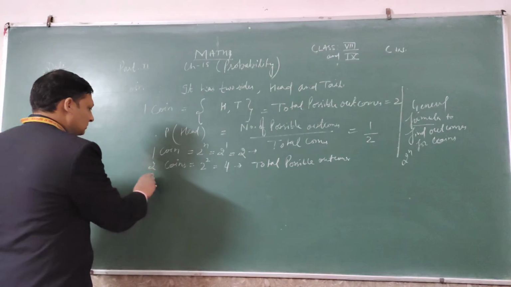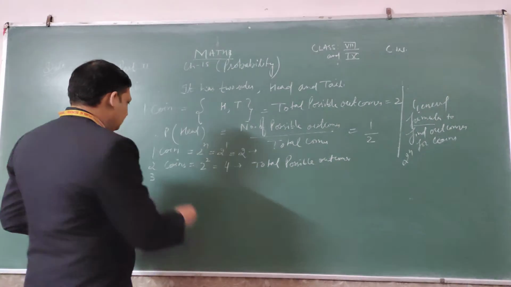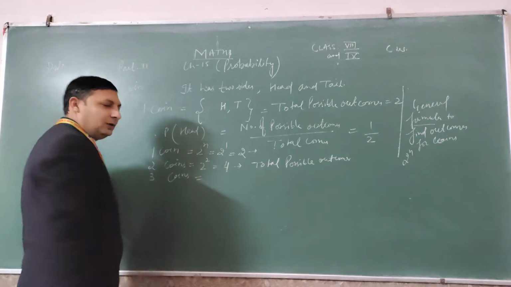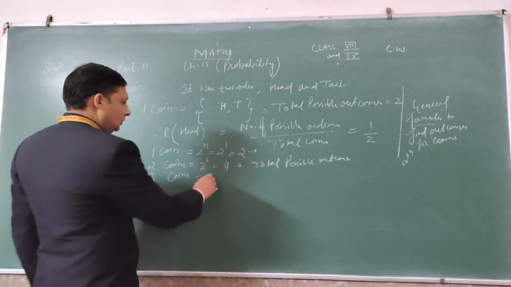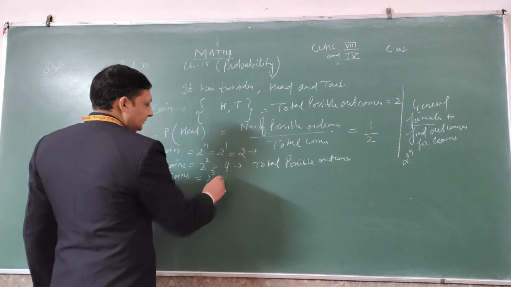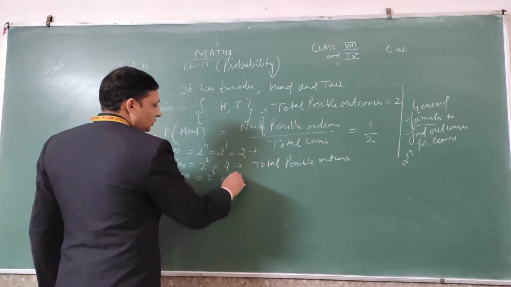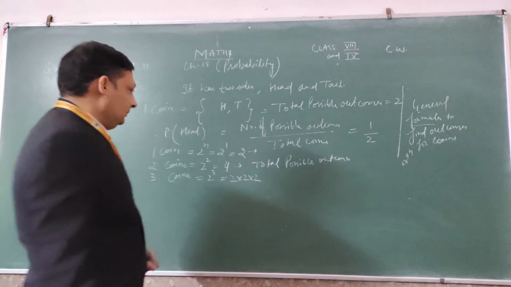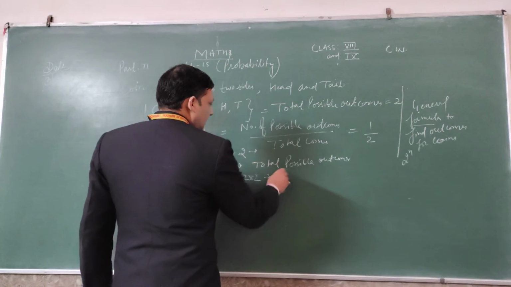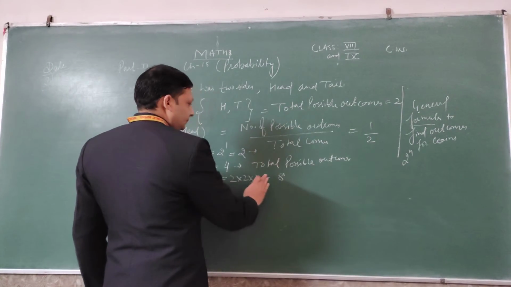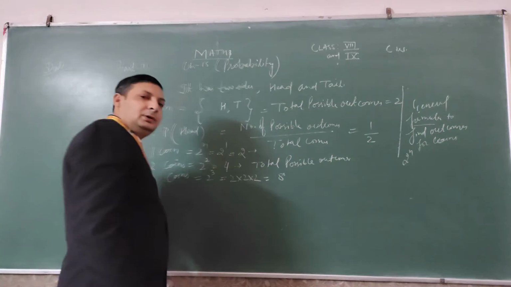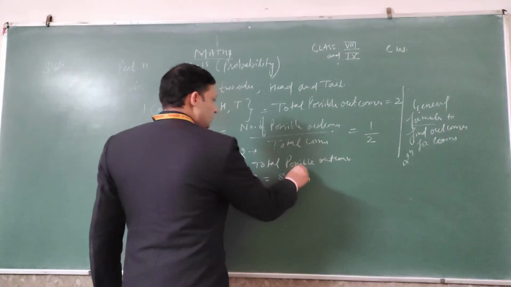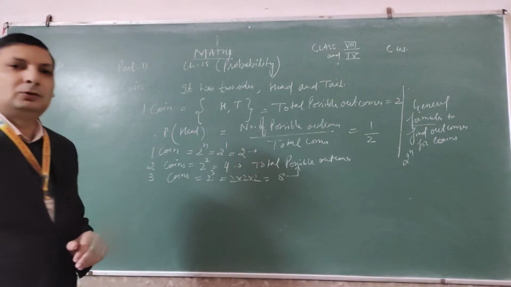Similarly, when we toss 3 coins, we can find the total outcome 2 to the power 3, that is 2 into 2 into 2, 2 will come 3 times. Total outcome will be 8. So 8 are the total possible outcomes for 3 coins.